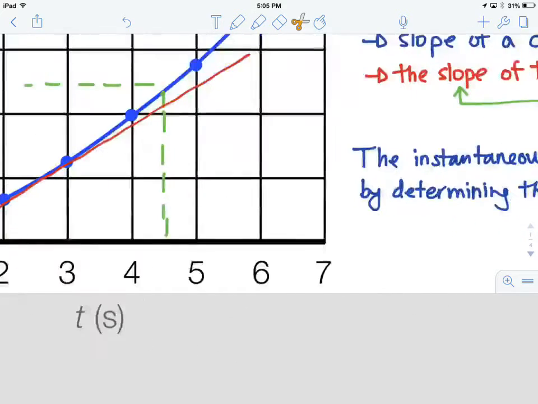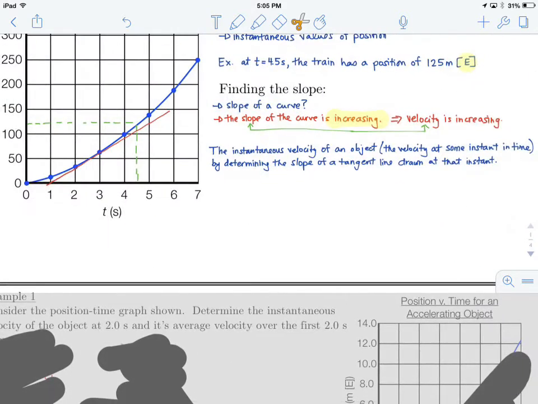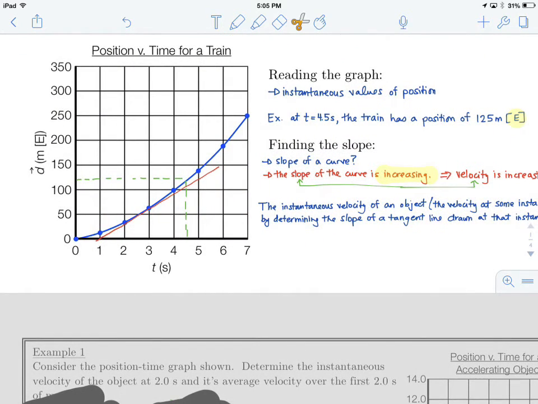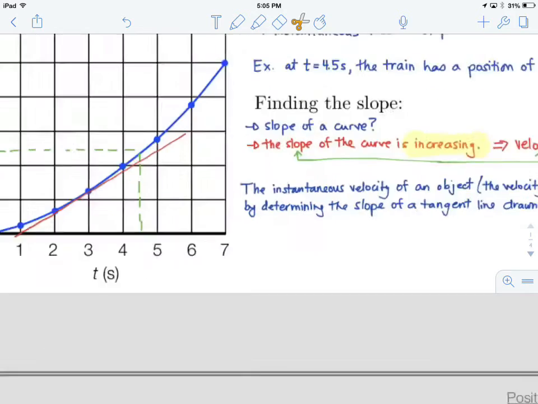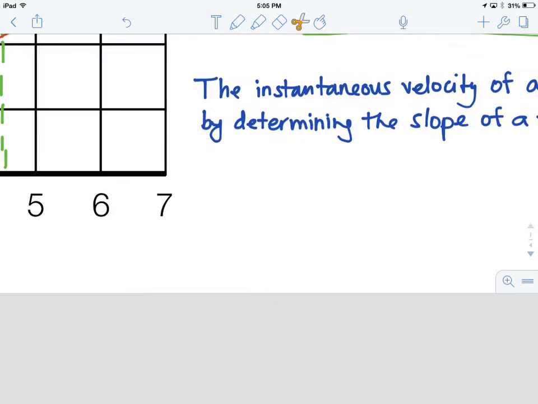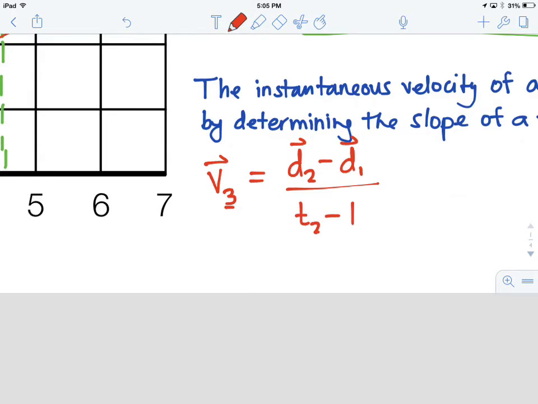But now that I've got my tangent line, I can find the velocity of this train at 3 seconds because I've drawn a tangent line there. If I now find the slope of that tangent line, we're going to call it V3, the slope of the tangent line at 3 seconds, equal to, in the same way as before, D2 minus D1 over T2 minus T1.